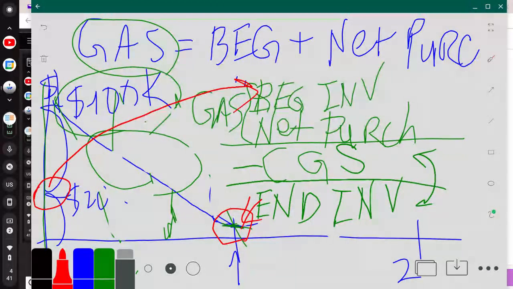This ending inventory is the outcome of this quarter. So it's the end inventory that wasn't sold? Yeah. Of course, ending inventory is basically the merchandise left unsold. That's ending inventory, right? Okay, so is this too hard?